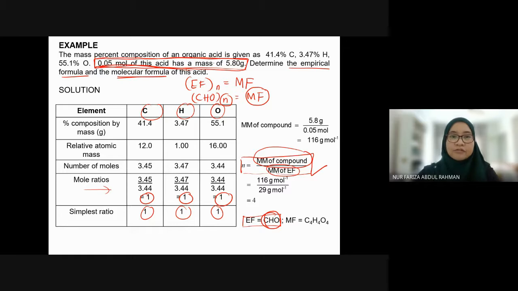We have two pieces of information there: 0.05 mole of this acid has a mass of 5.8 gram. Any information given in the question may be used as our conversion factor. So it can be used as our fractional conversion factor, because we want to find the molar mass of the compound.